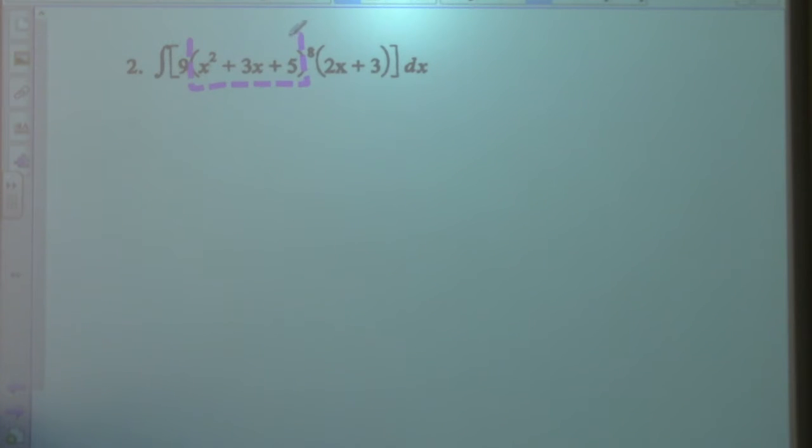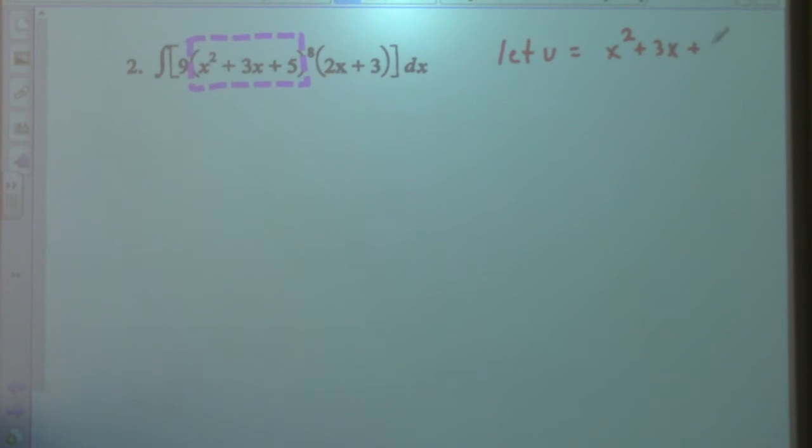Sometimes it takes a little bit of experimentation. You say, let U be equal to, and by the way, it can be any letter. You can use V or something like that, but by convention people use U.